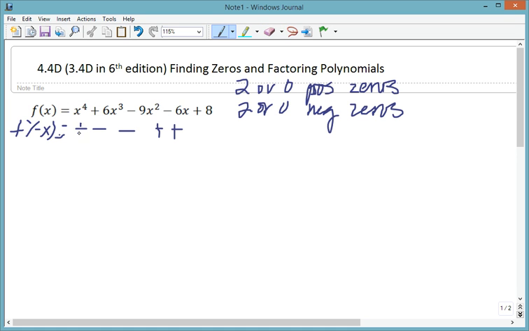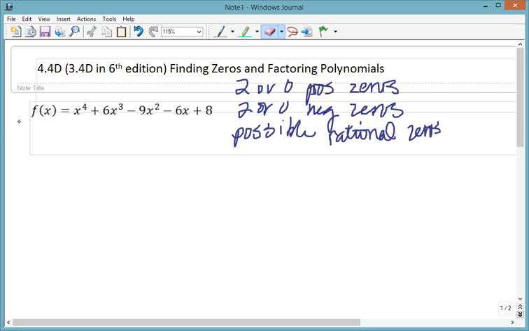Alright, so now let's look at the possible rational zeros. Let me get rid of this. Make a little bit more room here.